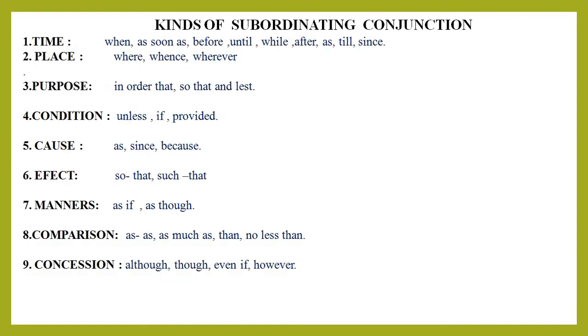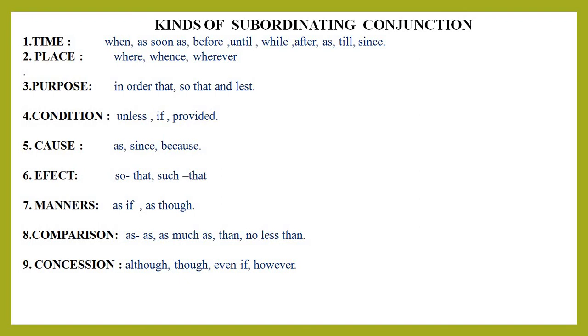Dear student, here are some kinds of subordinating conjunctions. One by one we will know their types and some subordinating conjunctions. First is time. For example, we can say when, as soon as, before, until, while, after, at, in, and since.